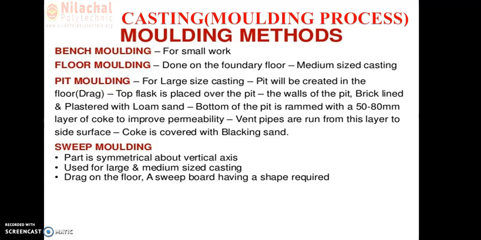Medium and large size castings are made by floor molding. The mold has its drag portion in the floor and the cope portion may be rammed in a flask and inverted on the floor or drag. Both green and dry sand molds can be made by the floor molding method.